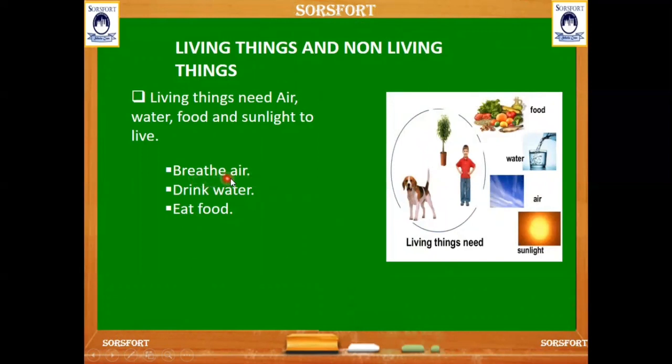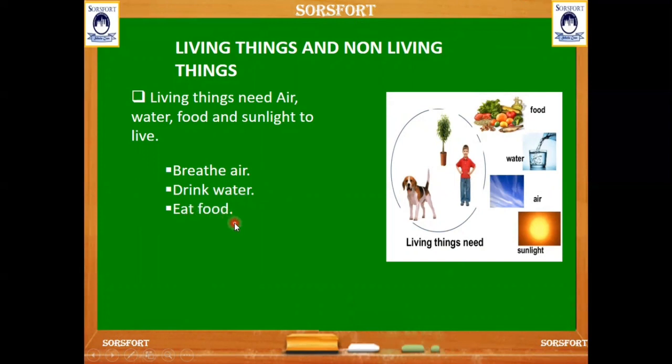All living things breathe air, even the plants, and drink water. Every living thing needs water to live. We should drink at least 6 to 8 glasses of water every day to be healthy. And eat food. Every living thing needs food to grow.